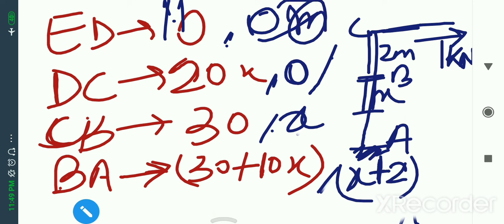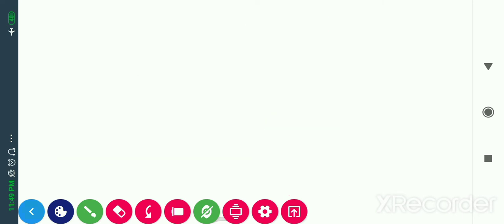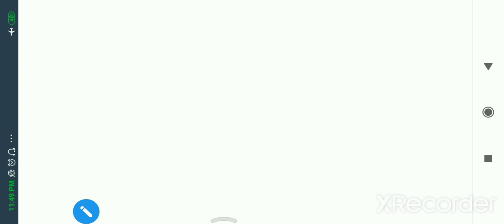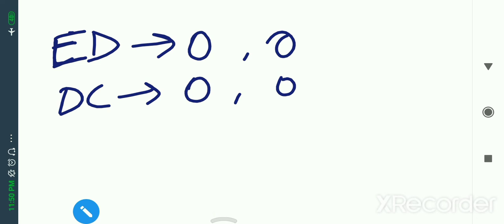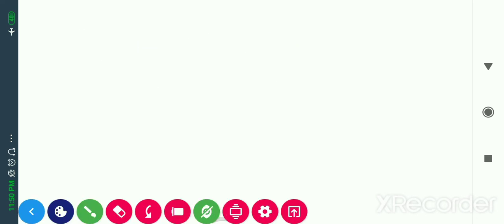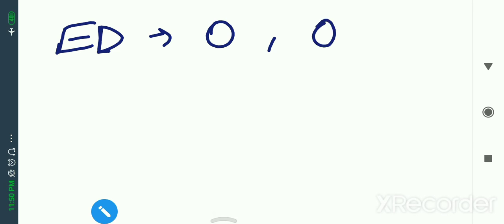So we have obtained the value of capital M and the value of small m. Let's write them down in a table in a proper manner. For ED, capital M was 0, small m was 0.